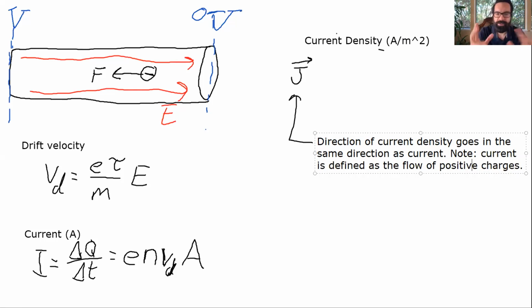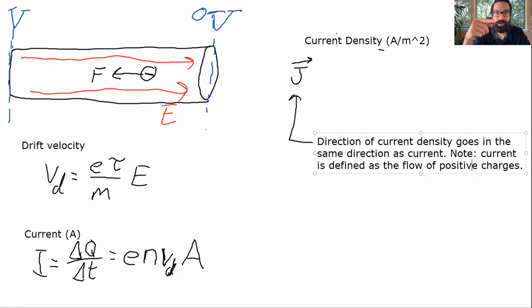So all the standards, all circuit diagrams and everything, kept current defined as a flow of positive charges. Later on, we found out it was actually electrons flowing, but current had already been defined as positive charges.